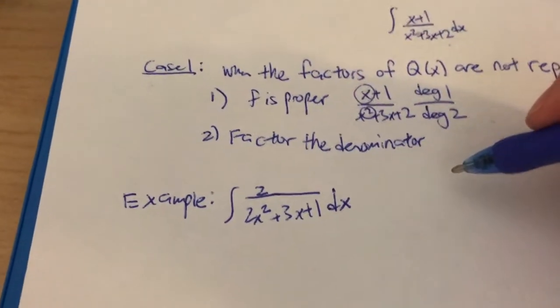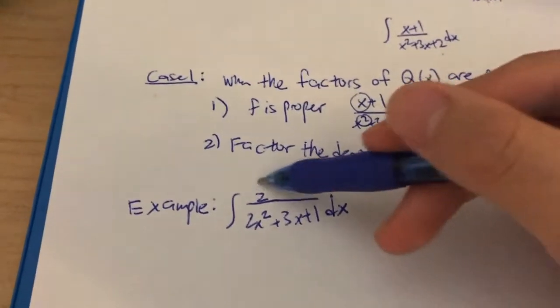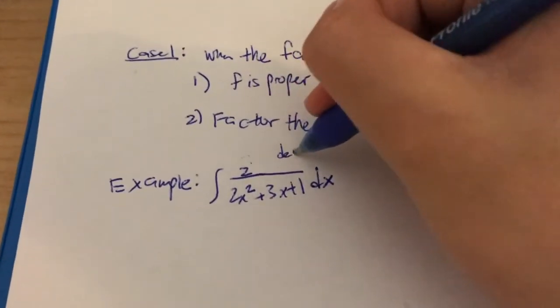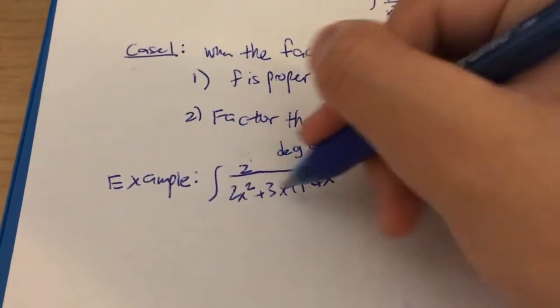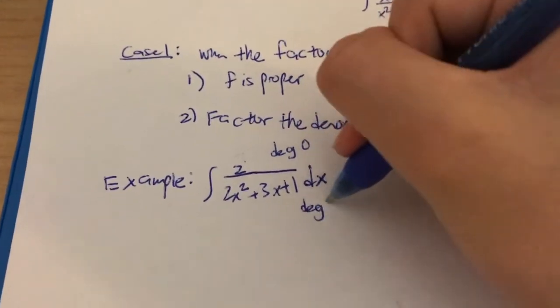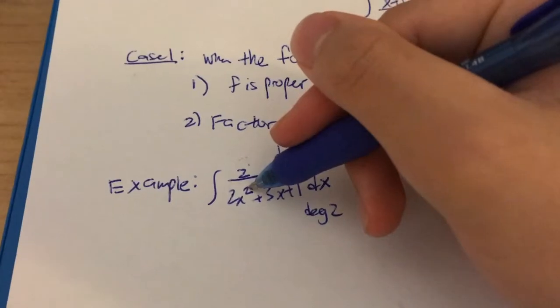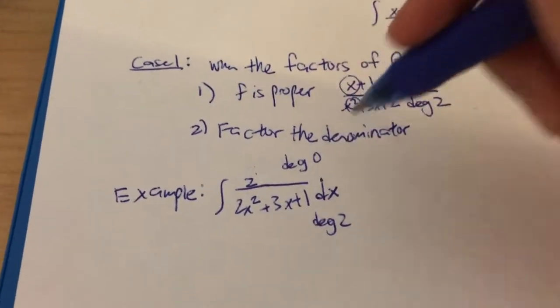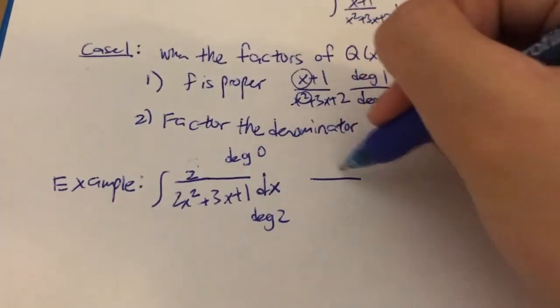Now, as we know, we have to check, is f proper? Yes, it is. The constant term has degree 0, and the denominator has degree 2, because of the exponent right here. So now that we know f is proper, we have to factor the denominator completely. We can use the cross method.